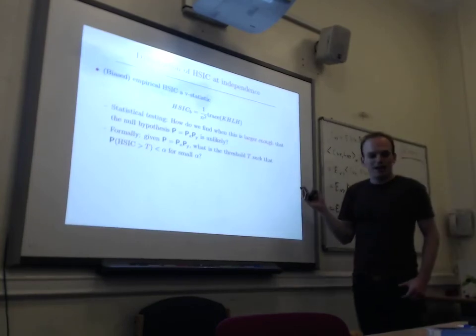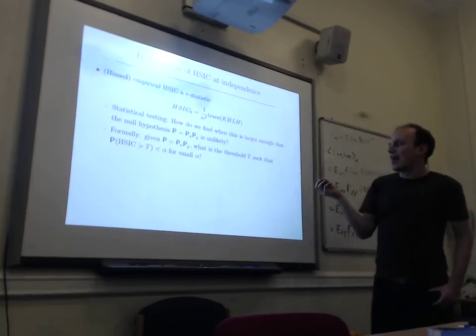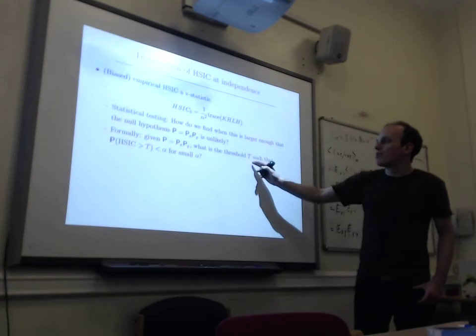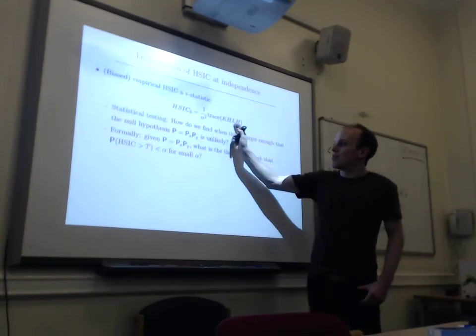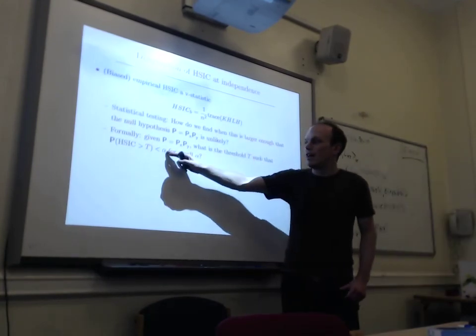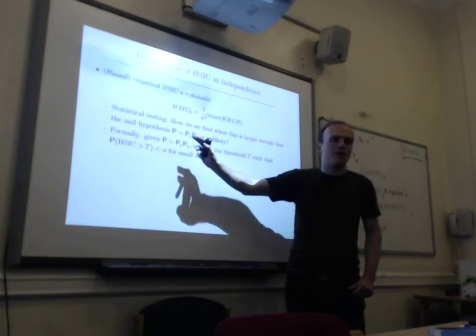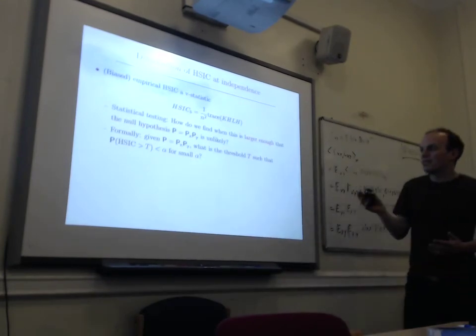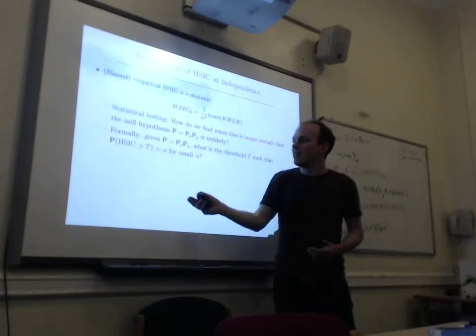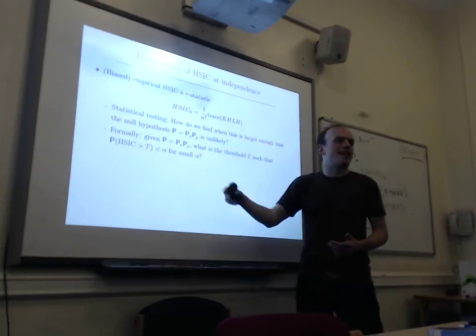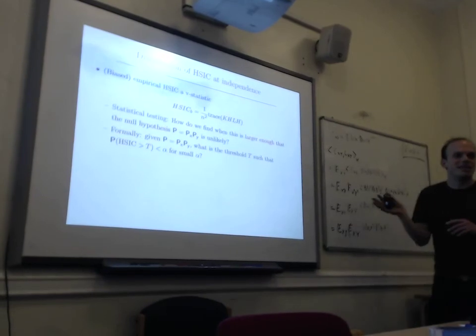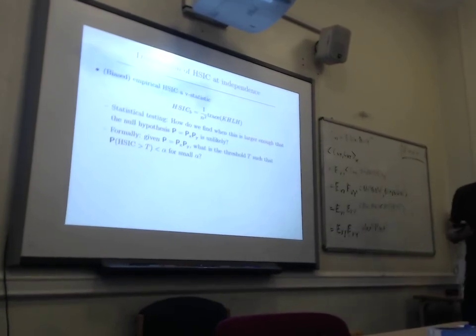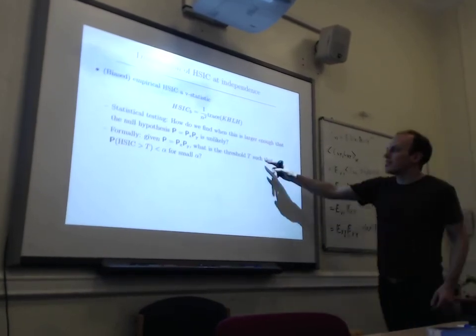To put this more formally, what is a threshold that this statistic will only exceed with small probability alpha in the case when there's no dependence? If there's no dependence, but this is really big, then I should say that's unlikely, so I'm going to reject the case that there's no dependence. So I want to find a way to get this threshold.